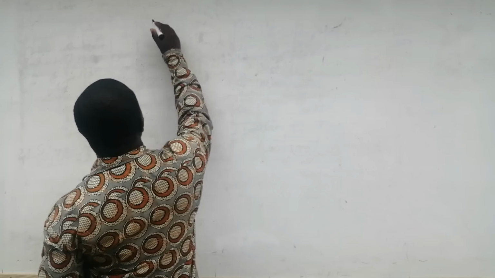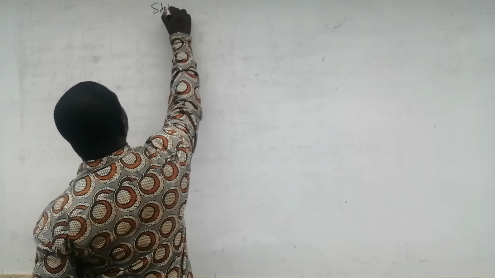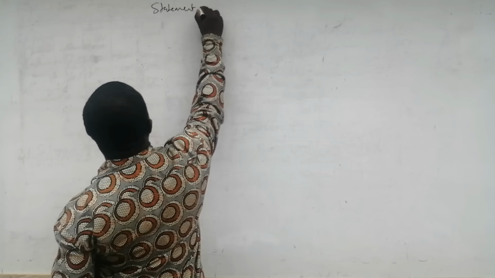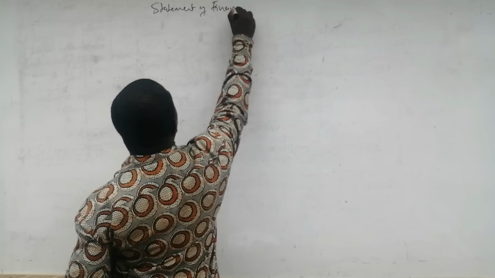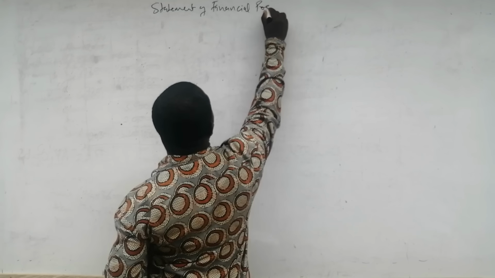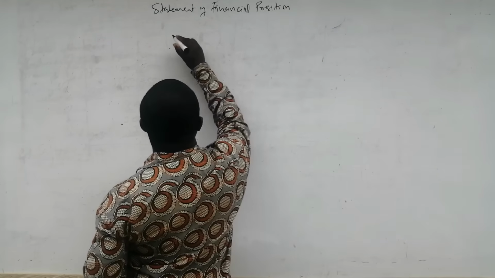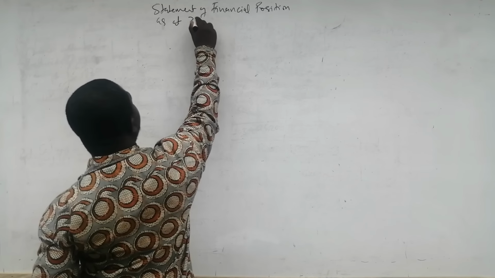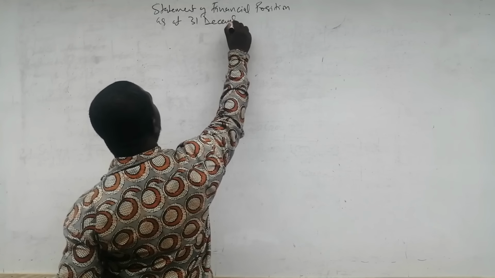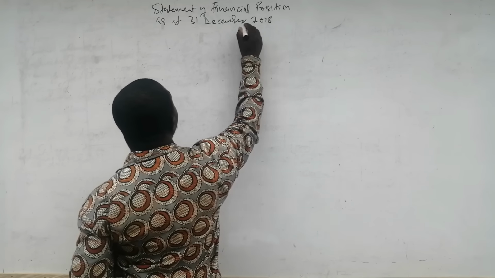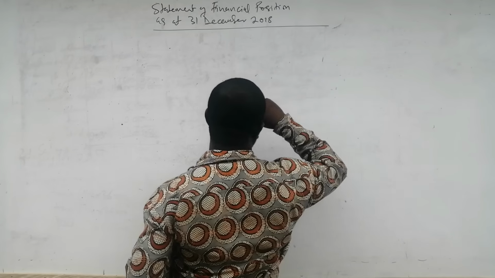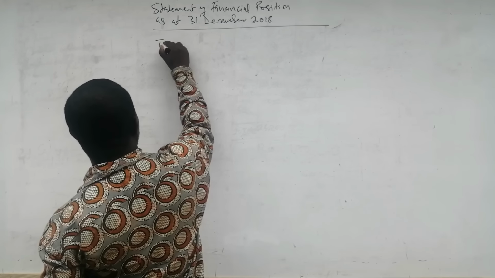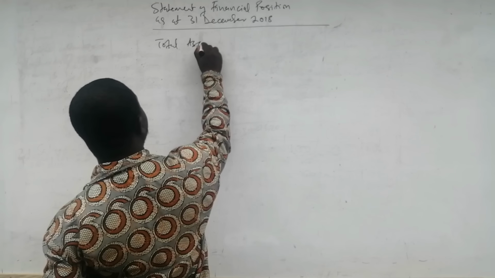So we'll say statement of financial position as at 31st December 2018. Now we don't know the assets, so let's just say total assets.